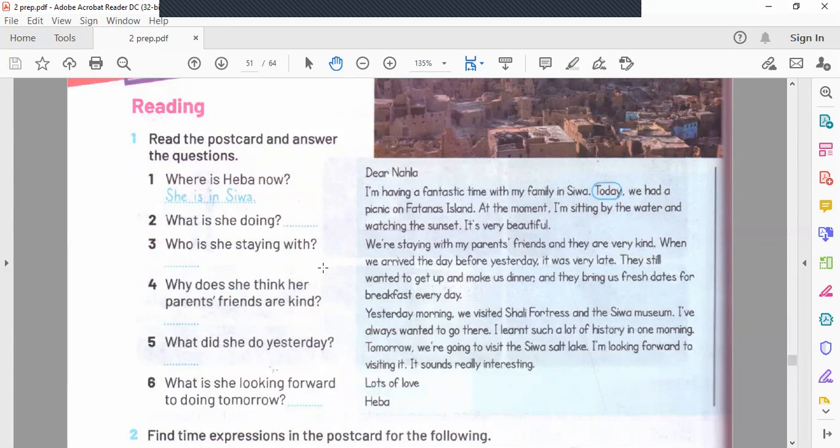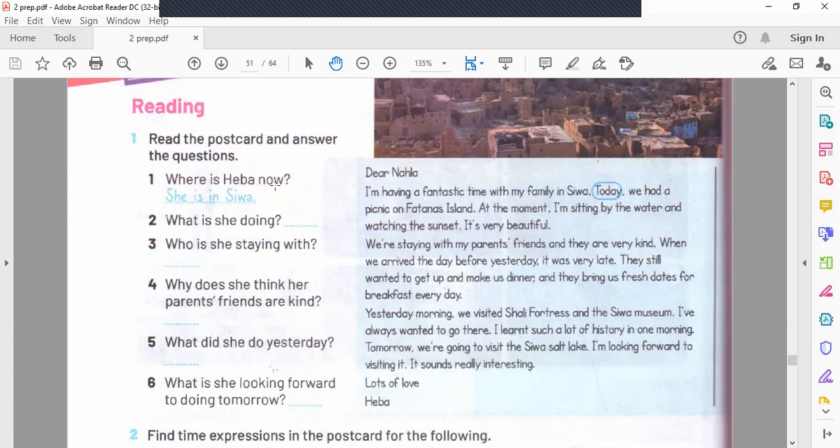They still wanted to get up and make us dinner, and they bring us fresh dates for breakfast every day. Yesterday morning, we visited Shali Fortress and the Siwa Museum. I have always wanted to go there. I learned such a lot of history. Tomorrow morning, we are going to visit the Siwa Salt Lake. I'm looking forward to visiting it. Sounds really interesting. Lots of love, Heba.